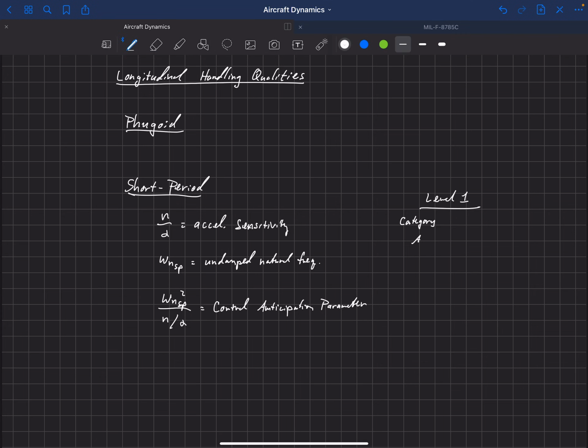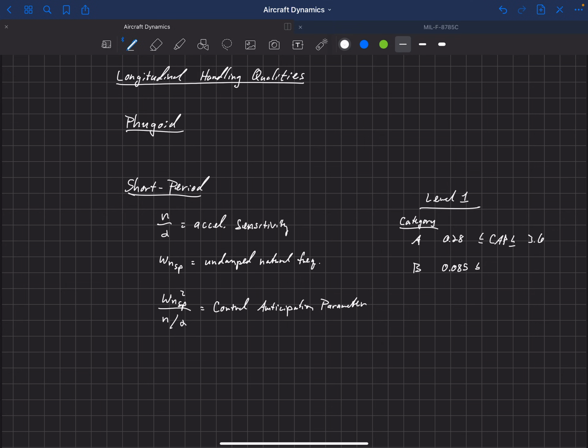In category A, you need to have a CAP that is between 0.28 and 3.6.